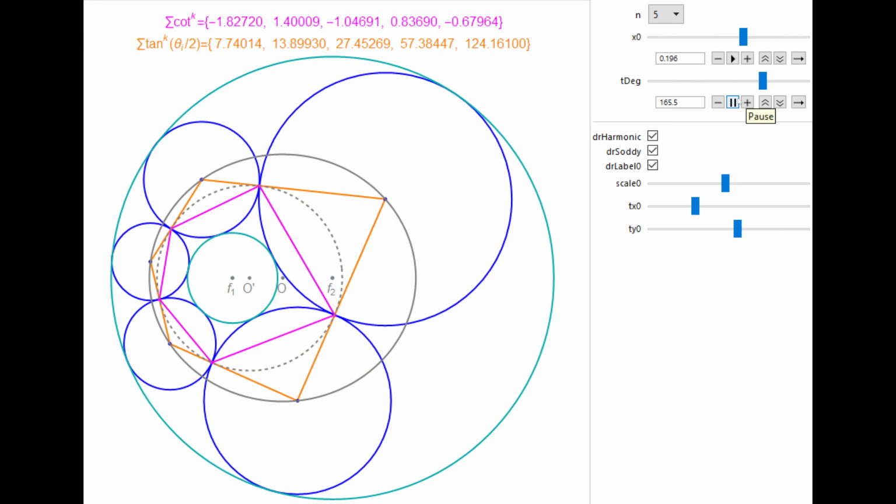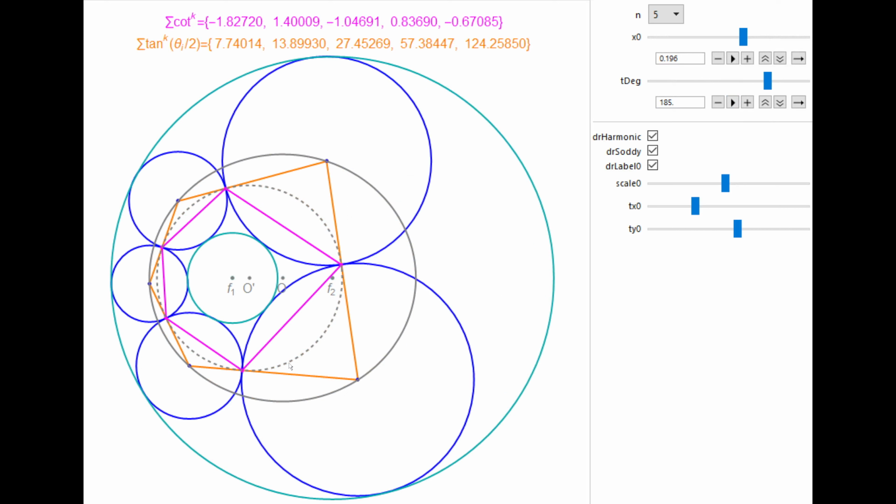Now, interestingly, our Steiner-Soddy family, which is this family of orange polygons, inscribed in an ellipse and circumscribing a circle, whose vertices are the centers of circles in the Steiner chain, is conserving a different quantity: the sum of tangents of the half angles, to a power of k, where k is less than n.